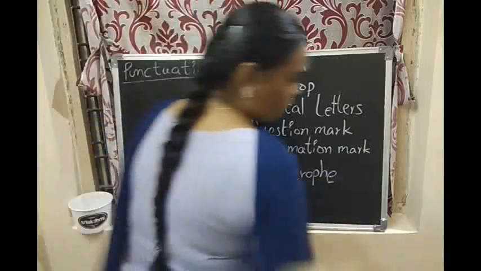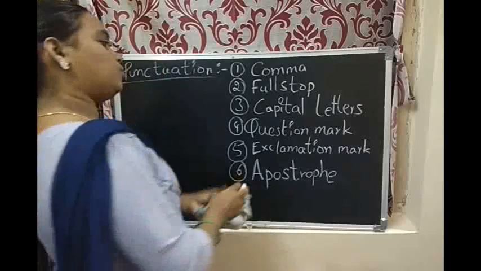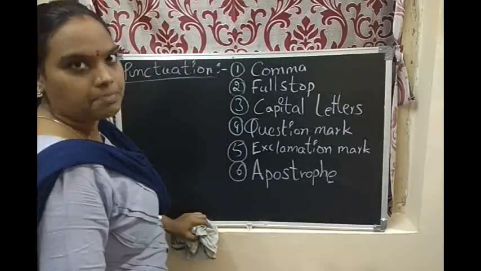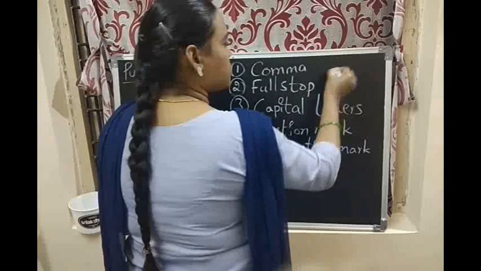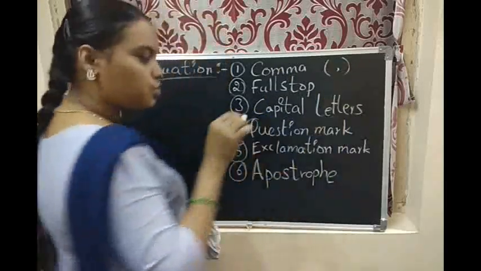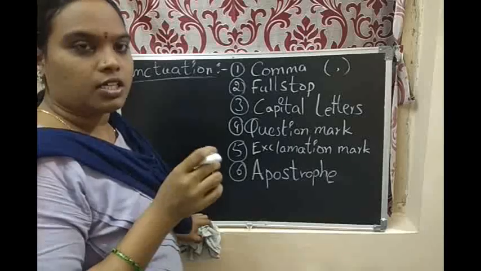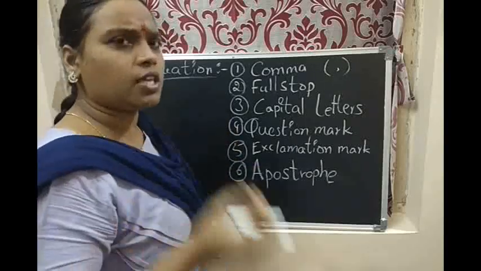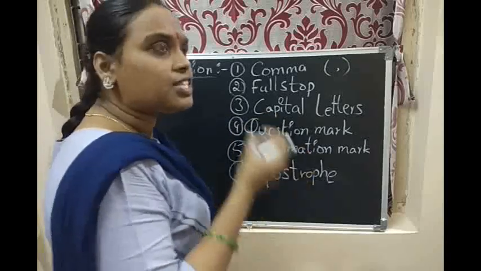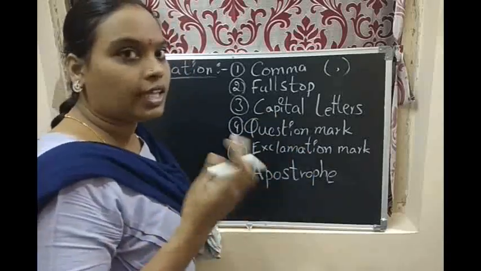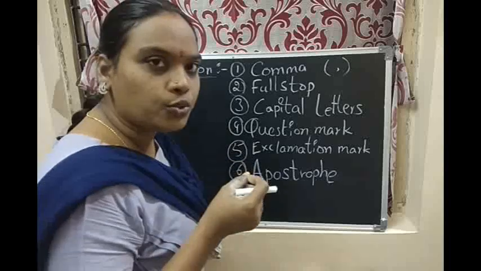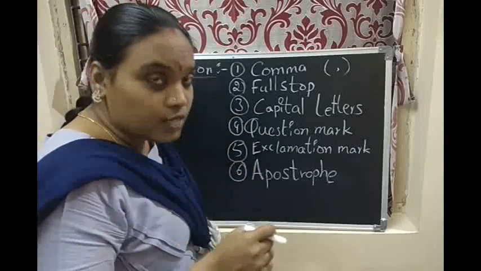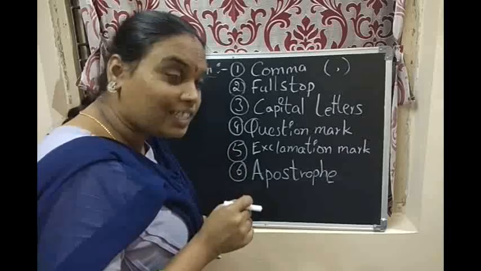Okay, apostrophe. So first you have to know what are the symbols of these marks. See, comma means like this. So we are giving pause. We are talking about something. So continuously you are speaking, continuously you are giving lecture on that. No one can understand. So what you have to do? Give pause. Whenever we are giving pause, what you have to keep while writing?